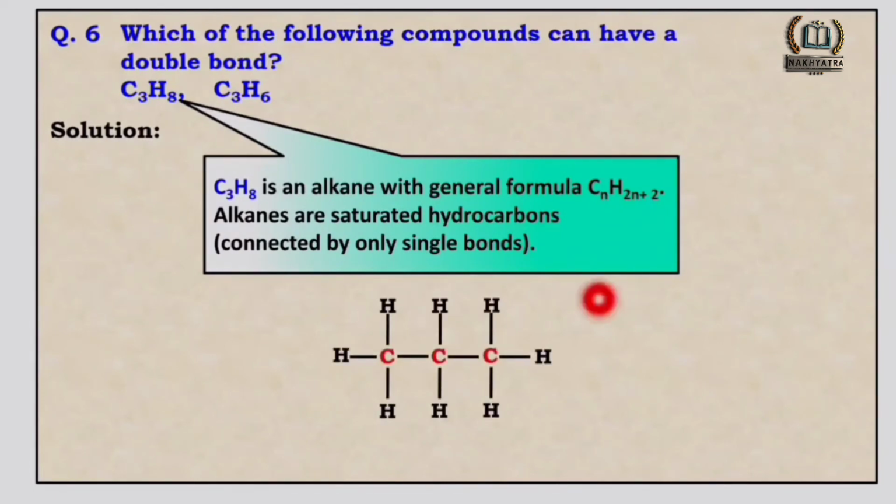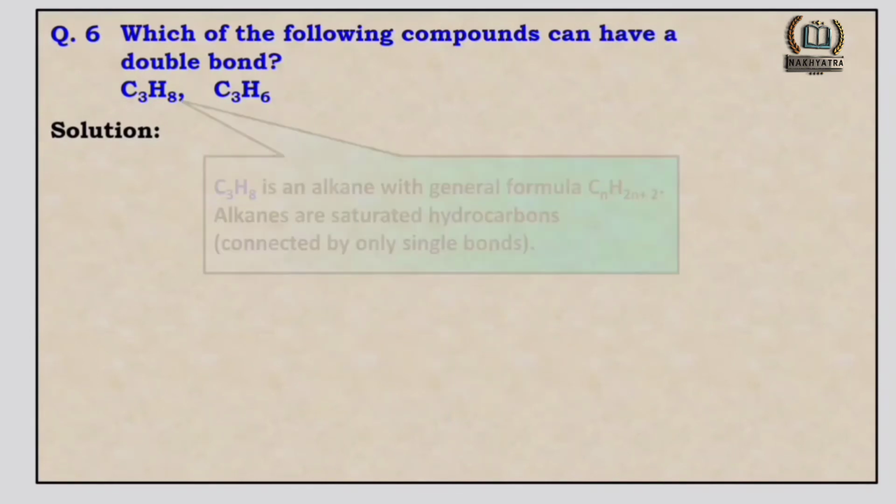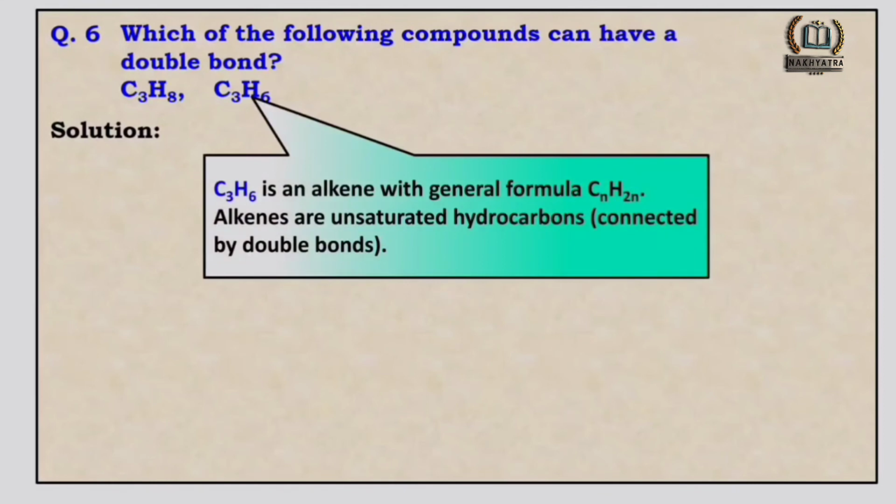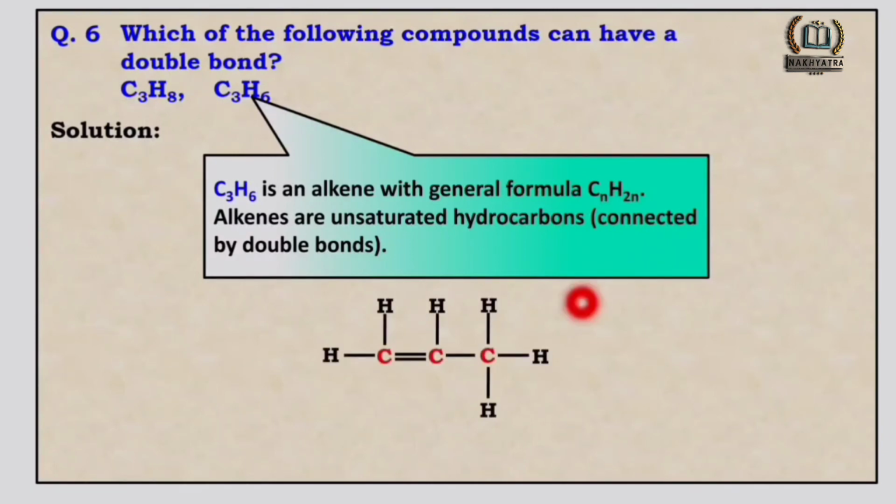So therefore this is the structure for C3H8. C3H6 is an alkene with general formula CnH2n, and alkenes are unsaturated hydrocarbons, that means connected by double bonds. So this is the structure for C3H6. Therefore C3H6 has a double bond.